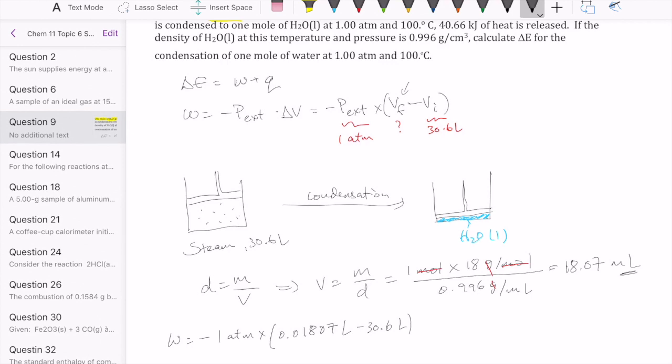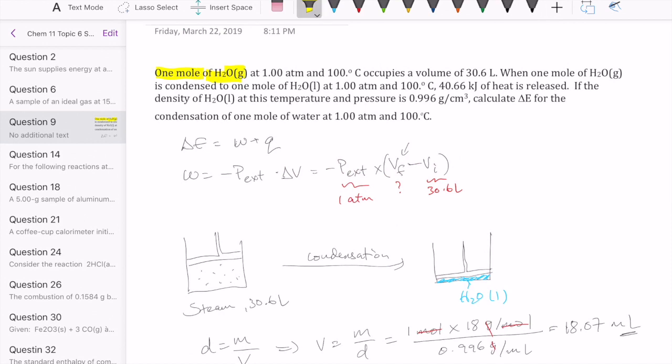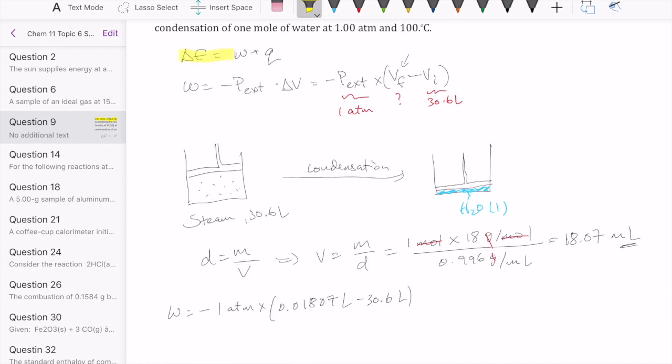You can see that when I do that, my final unit is going to be liter atmosphere, but my heat is given in units of kilojoules. So if I want to be able to add it later on, as I show you in this equation, I'm going to have to convert my liter atmosphere to kilojoules. We can do that, remember, by taking the two values of the gas constant and using that as our conversion factor.